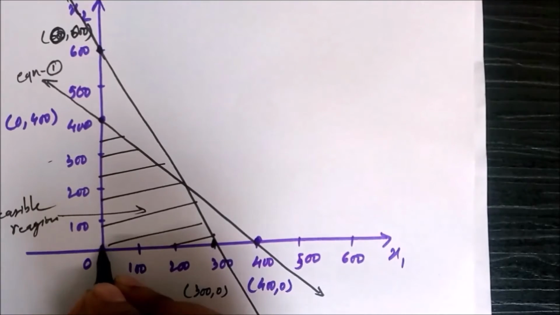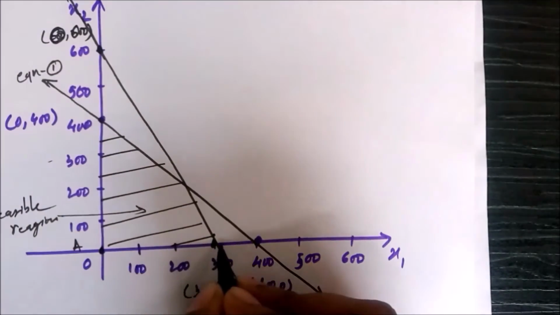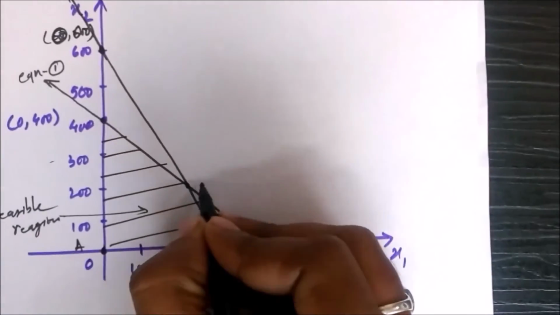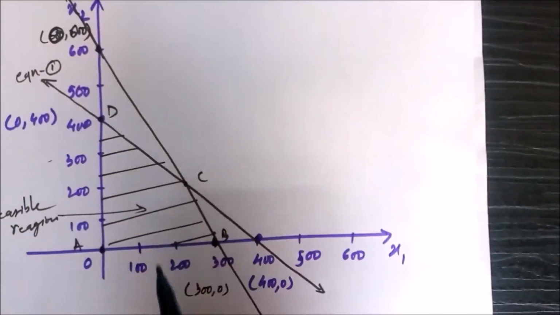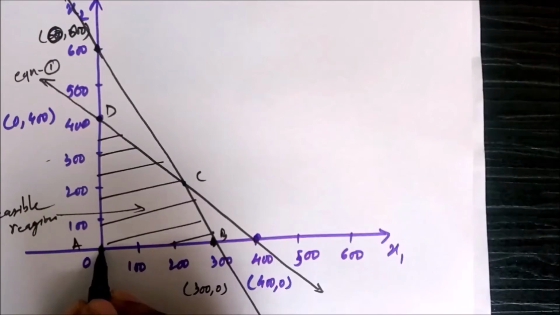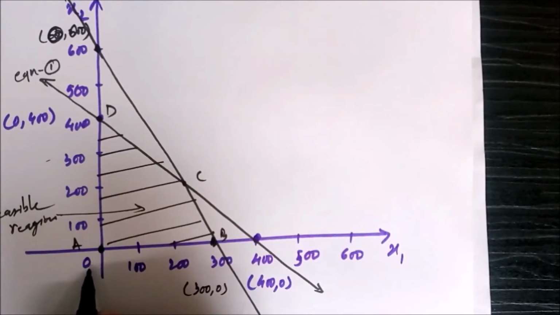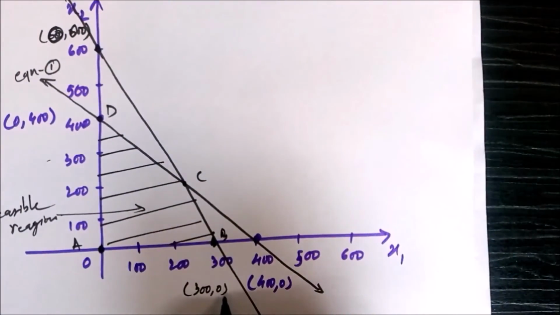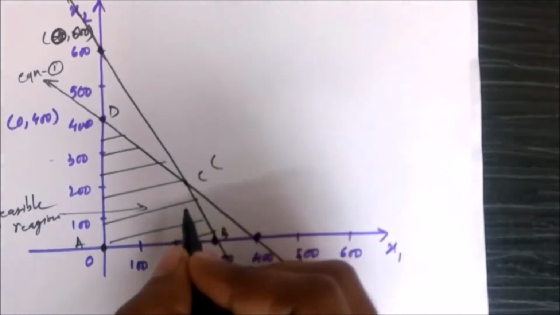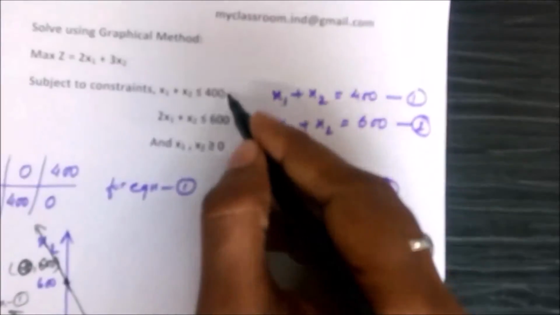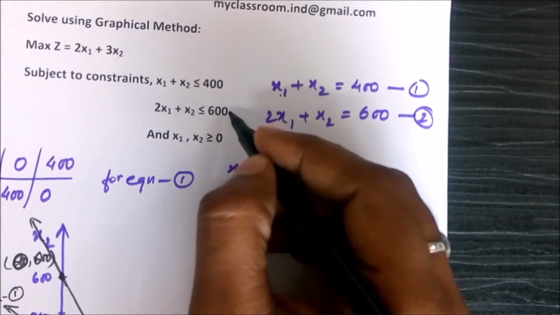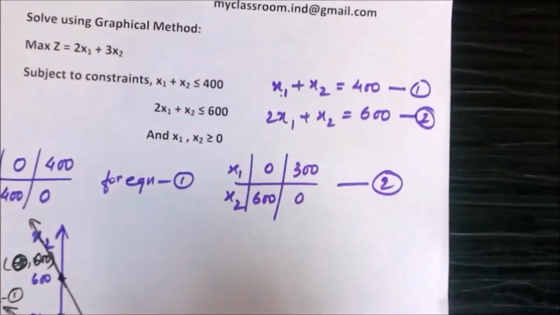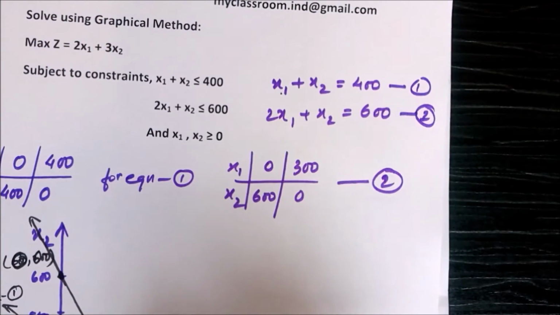Now I have the corner points and I will name them A, B, C and D. For A, I have the point 0, 0. For B, it is 300, 0. For C, by solving these two equations simultaneously, you can get the values of x1 and x2, and I get 200, 200.